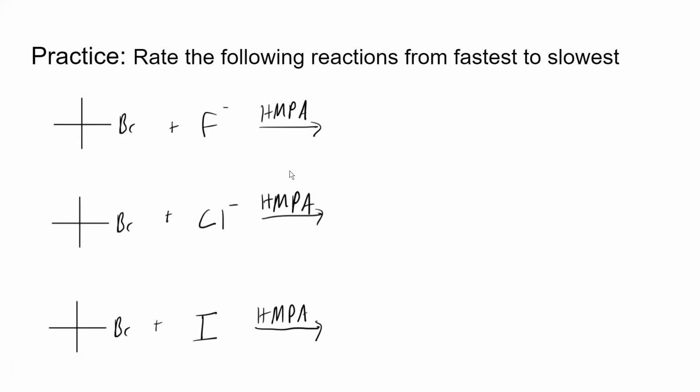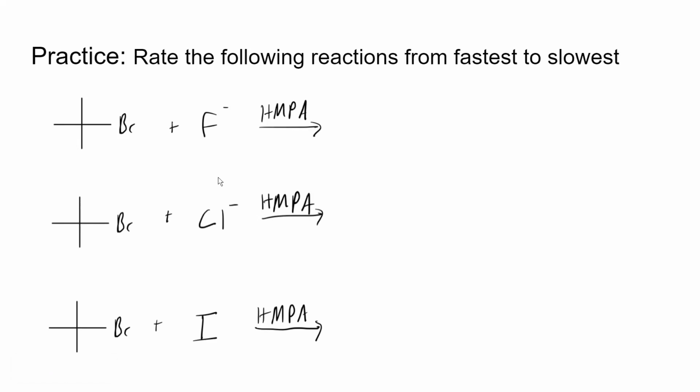Okay, and so looking at these reactions, we talked about how nucleophiles interact with solvents, right? So we said that this was a polar aprotic solvent, and we have these nucleophiles. Remember that reaction speed is based on nucleophile strength. So your strongest nucleophile is going to have the fastest reaction. Because of that, which reaction do you think is going to be the fastest here?